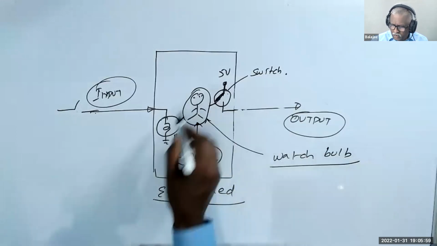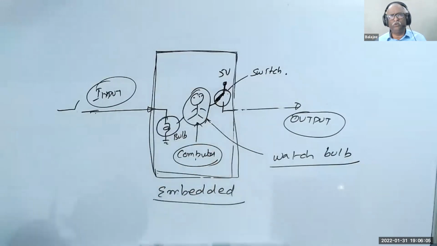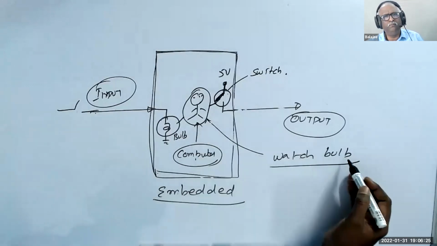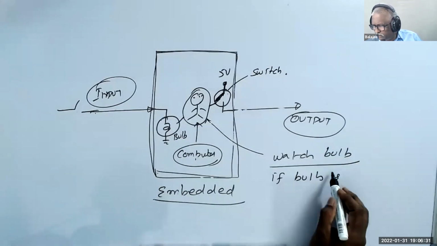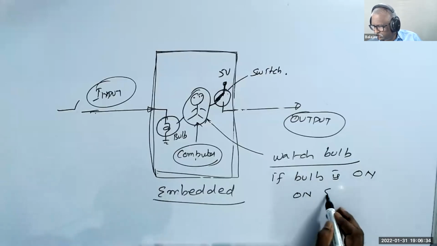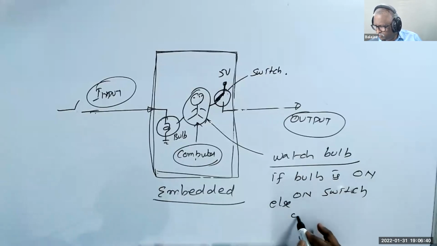Since this is a box, he can watch only this bulb. So we are telling him, watch bulb. If bulb is on, switch. Else, off.